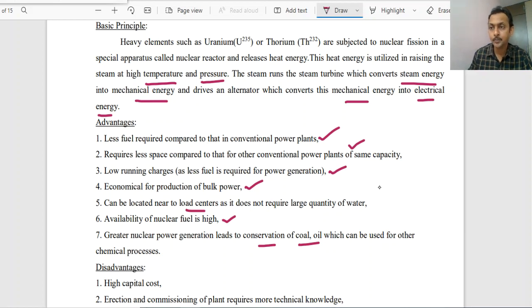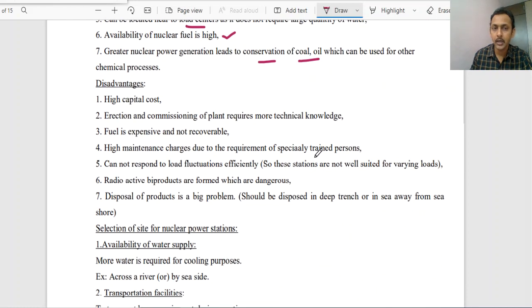Whereas we are also going to have some disadvantages, like the capital cost of the plant will be very high, and more technical knowledge is required in order to operate or maintain this plant. Also, while commissioning and erecting the plant, and while operating and maintaining the plant, a lot of skilled labor or skilled technical persons are required.